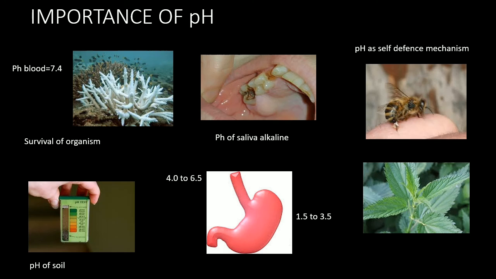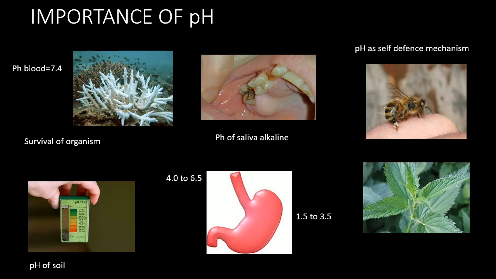Hydrochloric acid is released from the lower stomach. That's why, because of the presence of hydrochloric acid, the lower part is highly acidic. As we already know, this acidic medium is important for the breakdown of proteins and killing of bacteria.